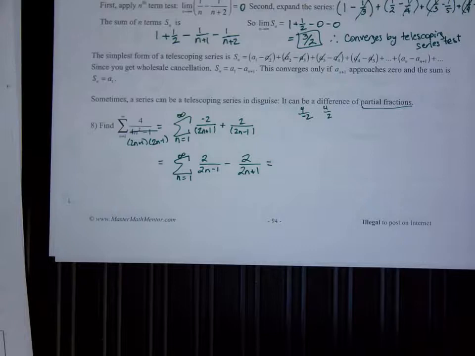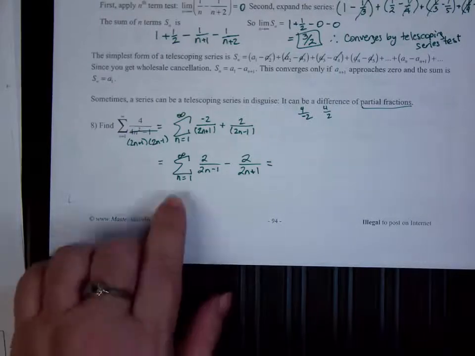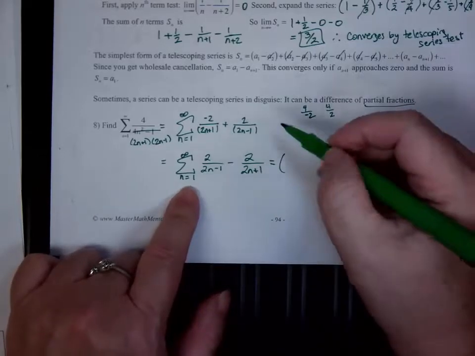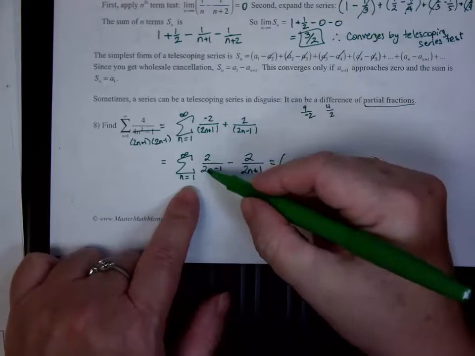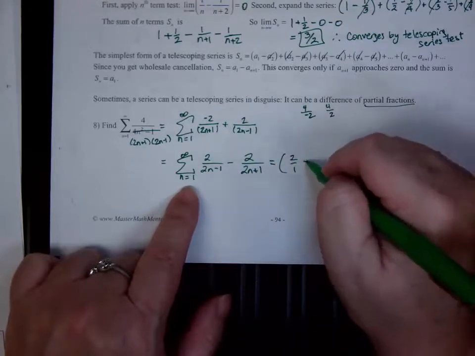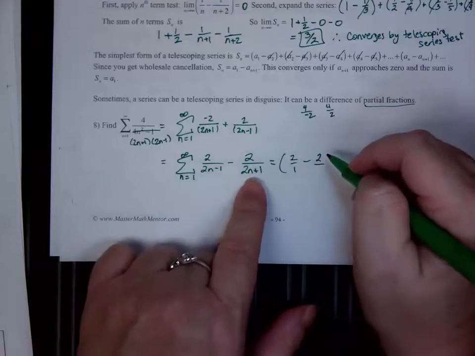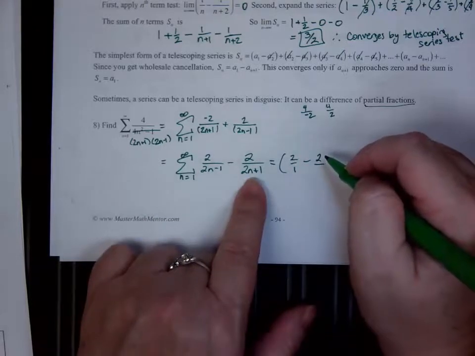So what you need to do is write out a few terms. So we're going to plug in 1 and see what happens. So that would be 2 over 1, right? Minus 2 over what?